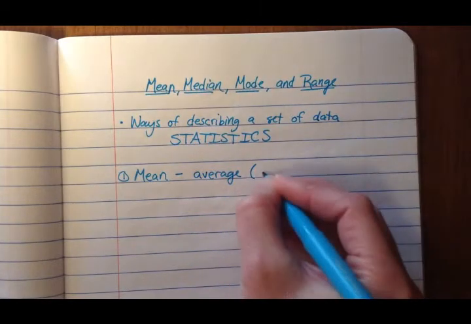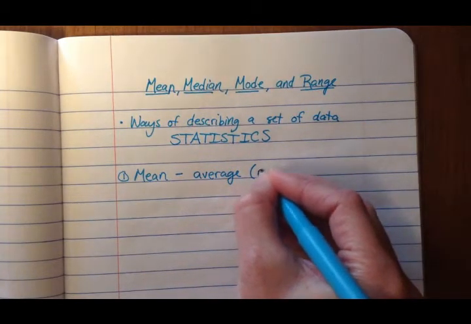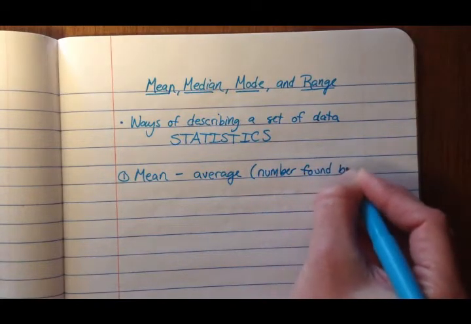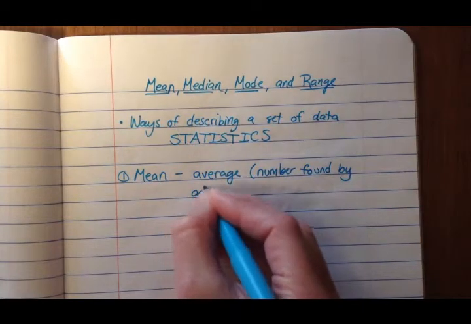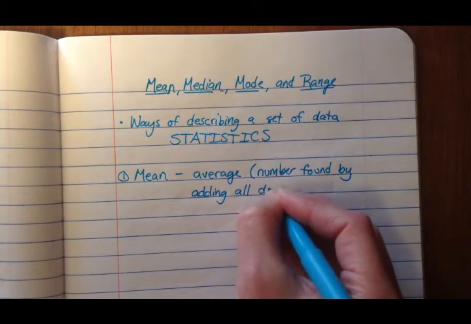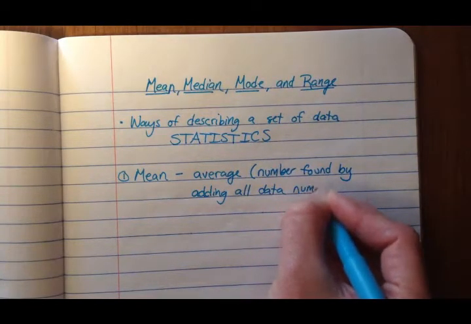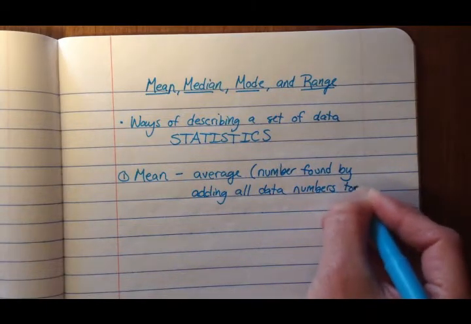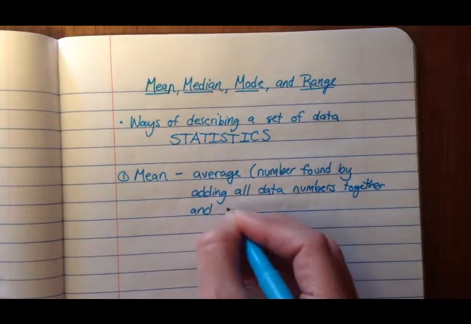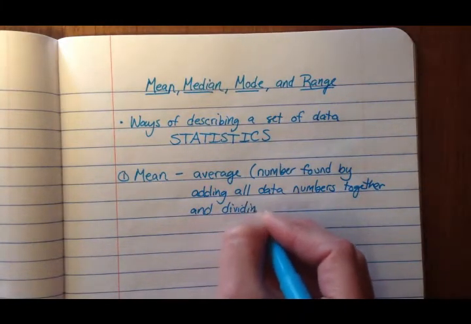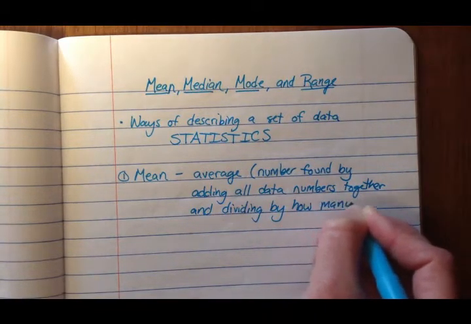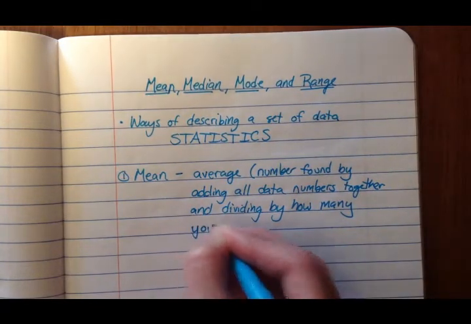In other words, it's the number found by adding all data numbers together and dividing by how many you have.